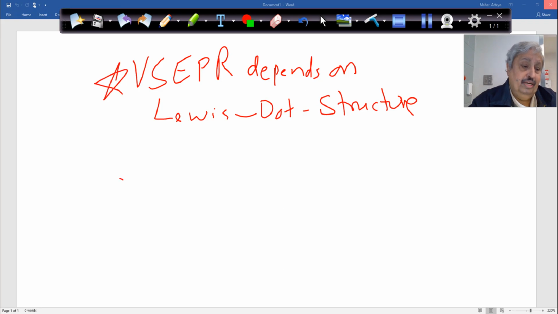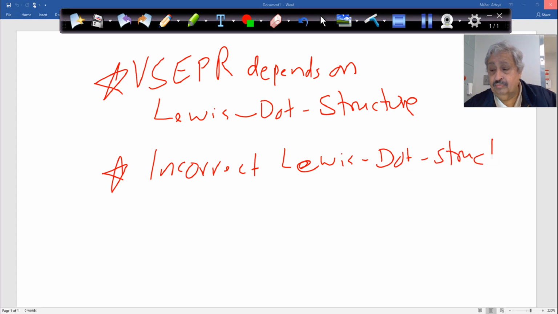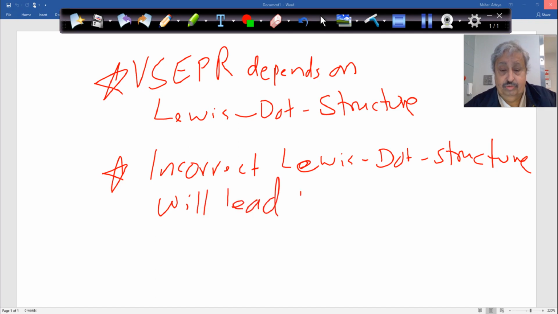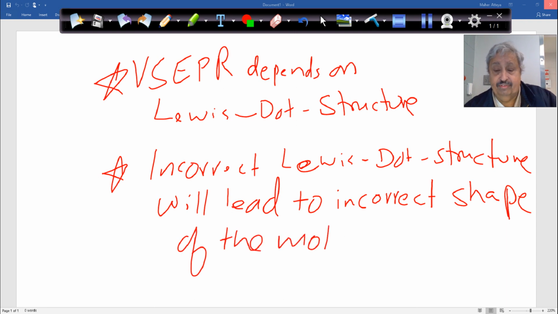So incorrect Lewis dot structure will lead to incorrect shape of the molecule. This is very important. So you have to have the Lewis dot structure correct in order to have the VSEPR shape correct.